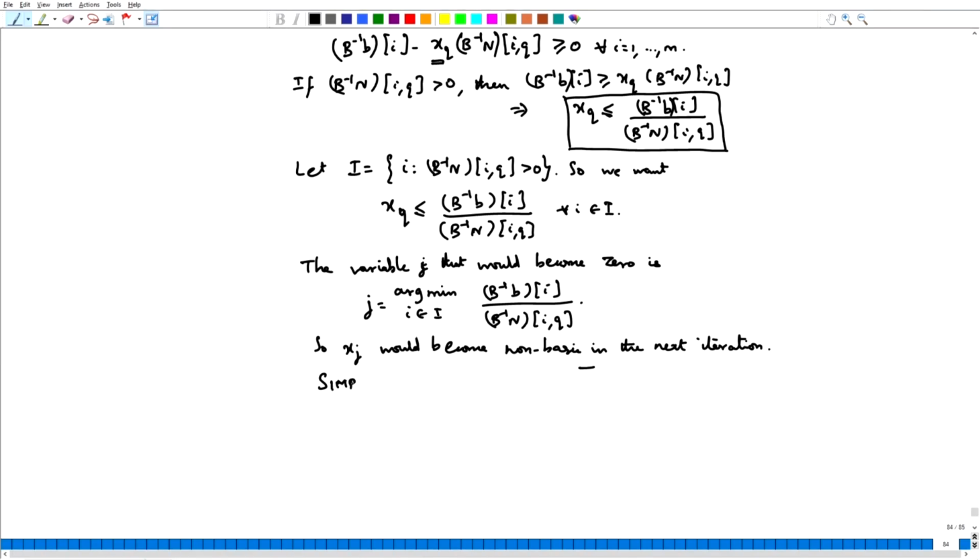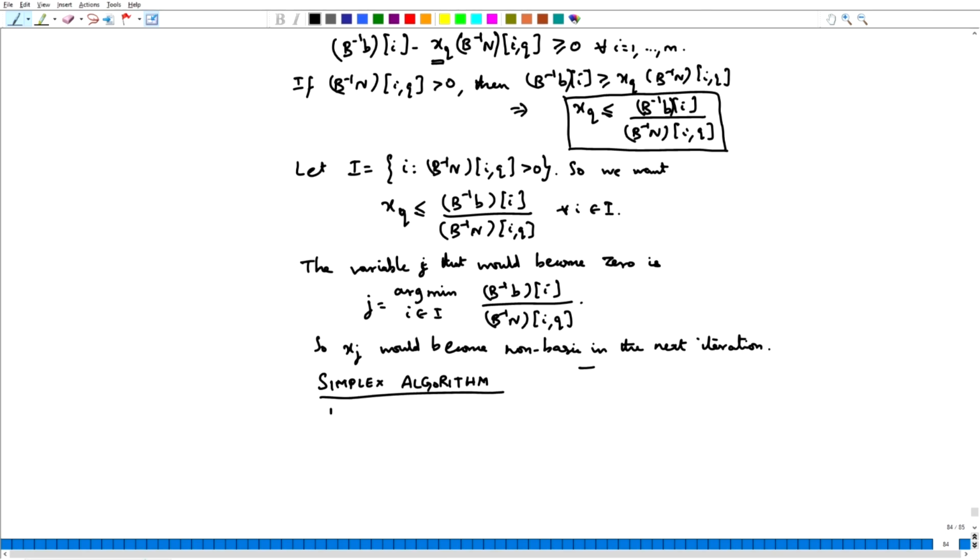So, I will write down the algorithm now. The simplex algorithm by Dantzig, if you remember the name still.